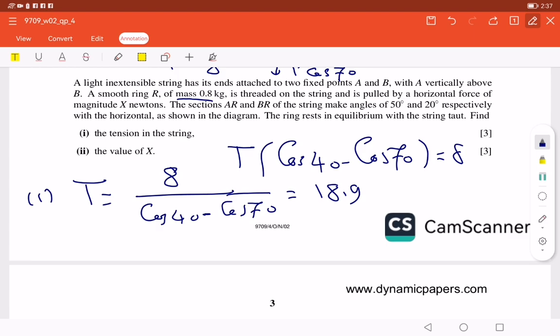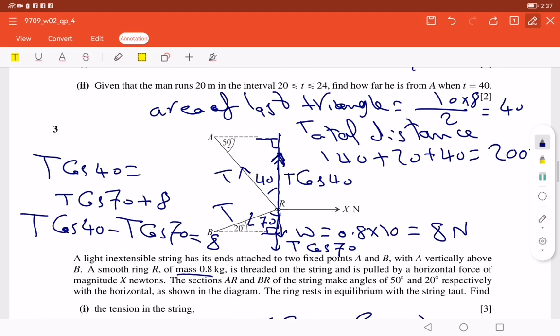Item double I, we need to find the value of X. Is it okay? From the resolution of the two tensions in the horizontal direction, here we have the first component, T sine 40, and the component of the tension at B equals T sine 70.